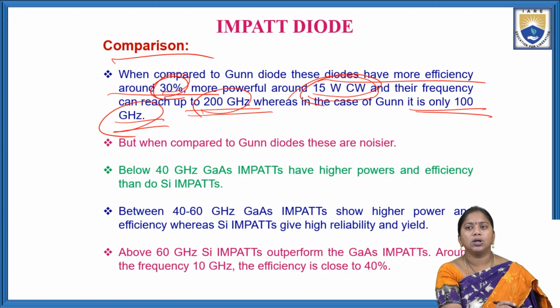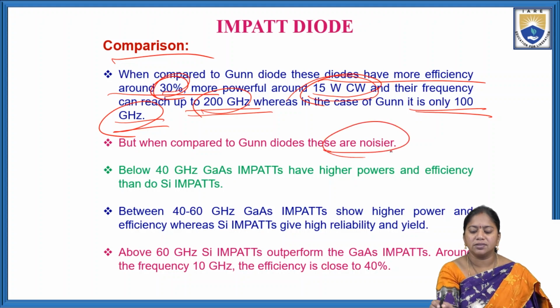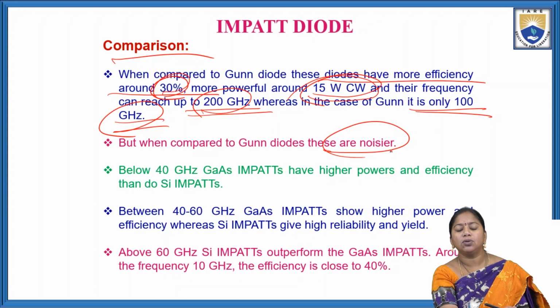But the noise is more in this impact diode compared to the Gunn diode.